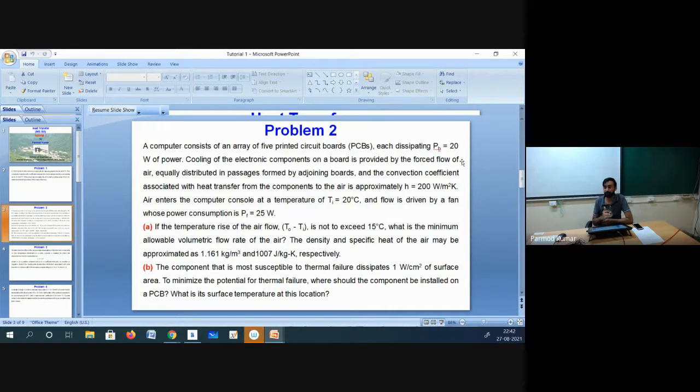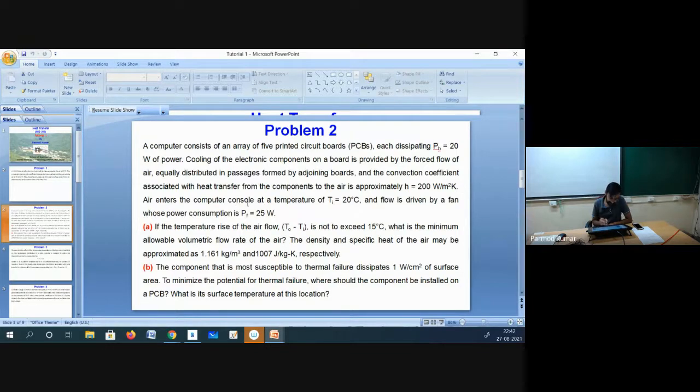So we have forced convection involved here. The air is equally distributed in the passages formed by adjoining boards, and the convection coefficient associated with heat transfer from the components to the air is approximately 200 watt per meter square Kelvin.